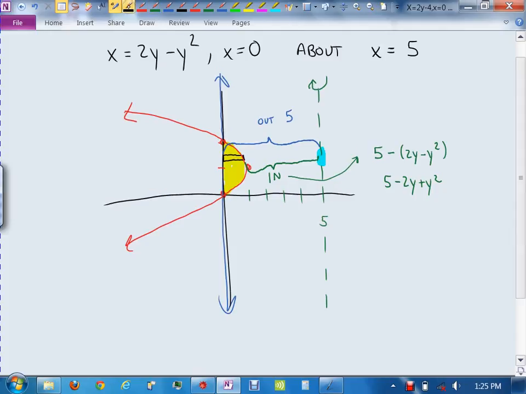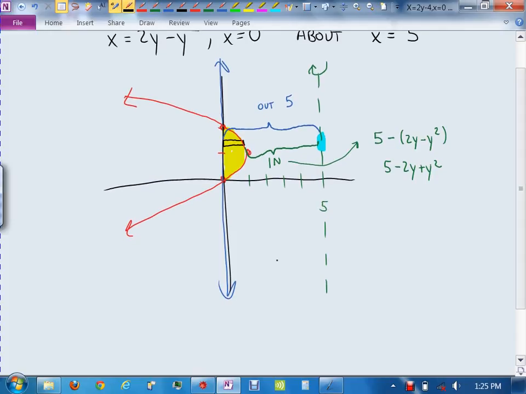We still have c and d, and it's still 0 to 2. Now, pi, outer squared, 5 squared, minus inner squared, 5 minus 2y plus y squared, squared, dy.